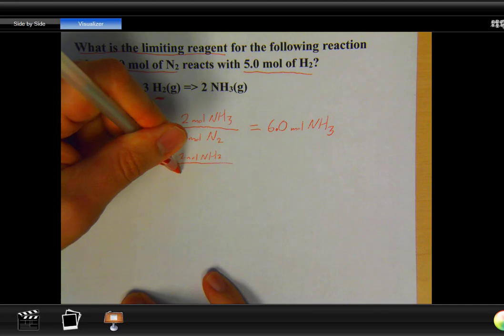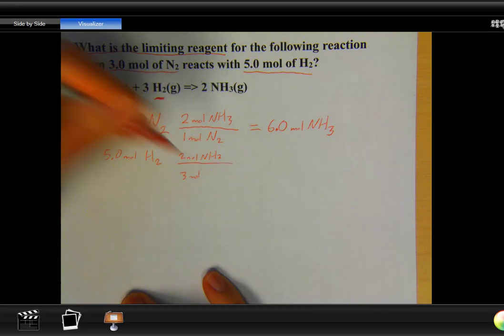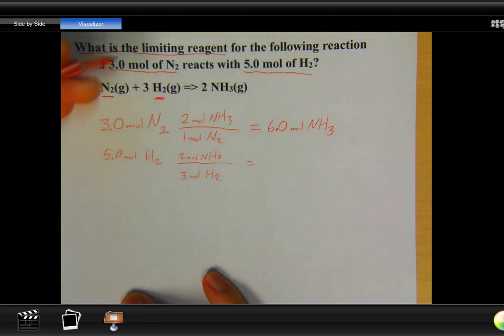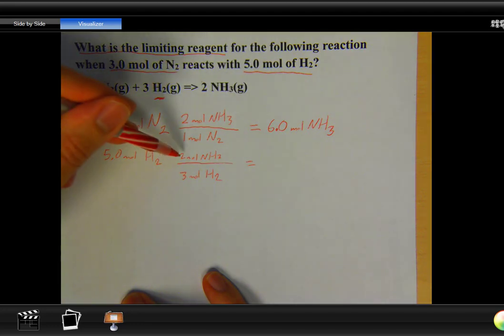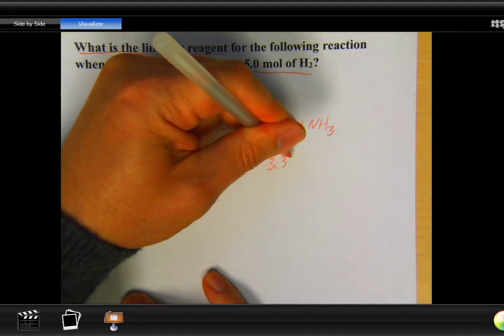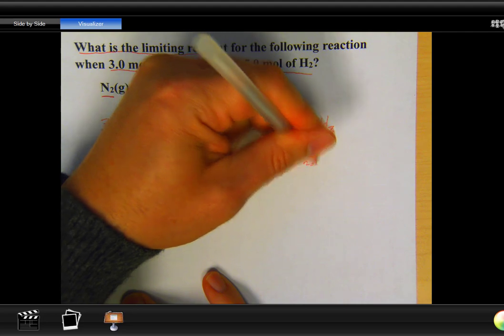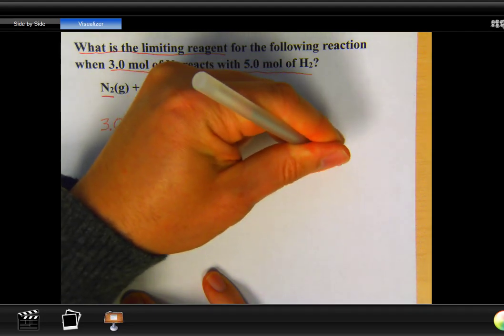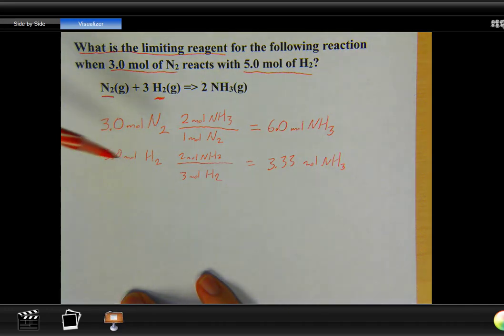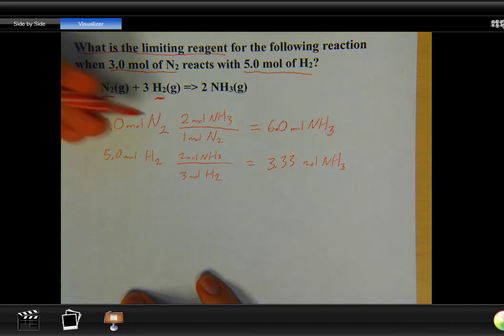We'll need 3 moles of H2. Okay, so we do the math there. So we have 5 times 2 is 10. 10 divided by 3 would give us 3.33 moles of NH3. Okay, so if we had 5 moles of H2, we could make 3.33 moles of NH3.